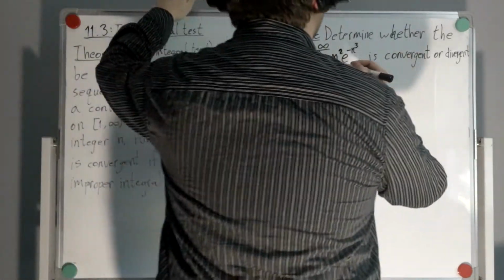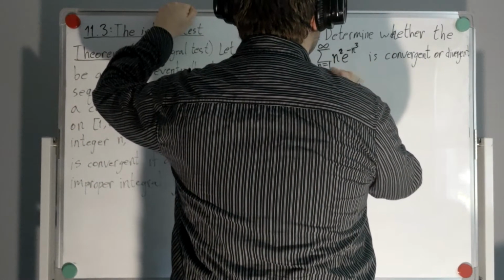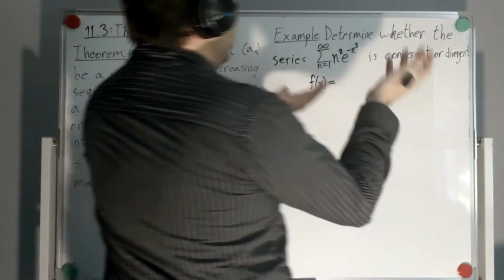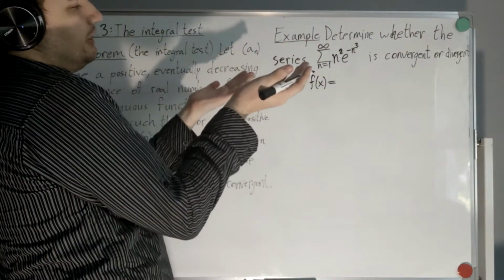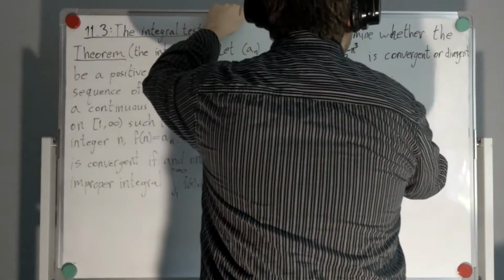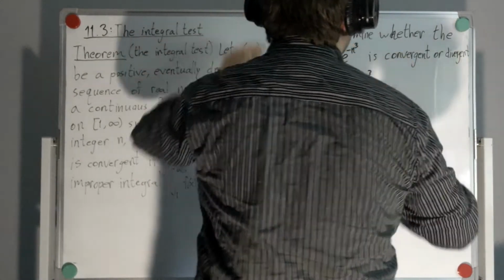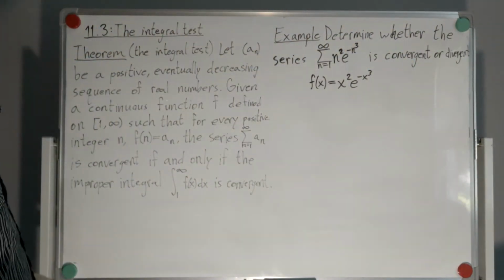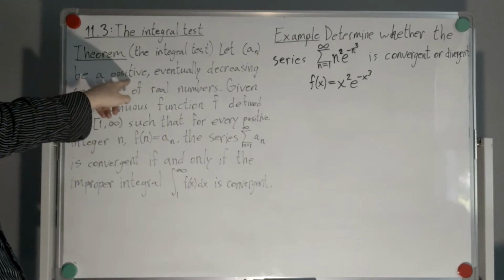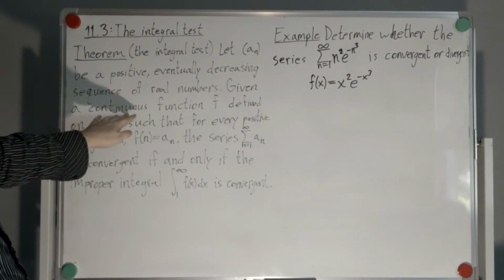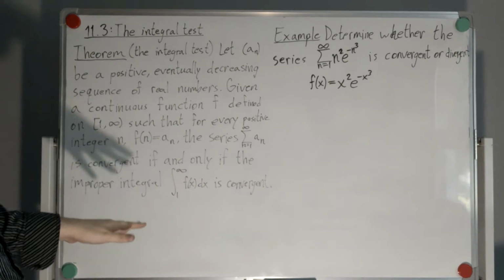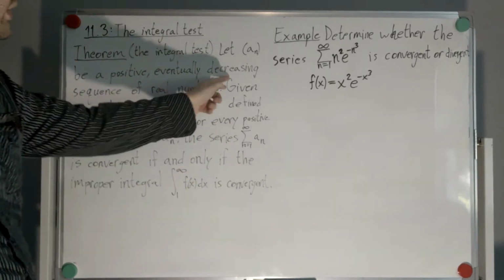Once again, we're going to define the function f of x, which is just the sequence, except all the n's are replaced by x's. So this becomes x squared e to the negative x cubed. And it's positive, it's continuous from 1 to infinity. The only thing left is to show that it's eventually decreasing.